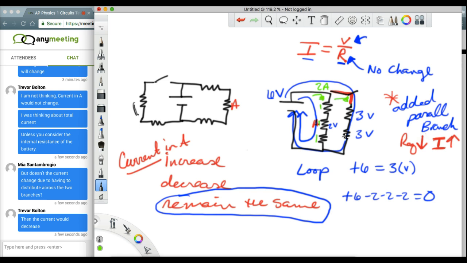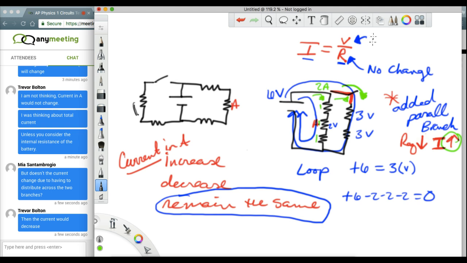But when I close that switch, I'm going to have more current going through this branch. So the amount that the current increases by is just the amount needed to send current down this parallel branch.